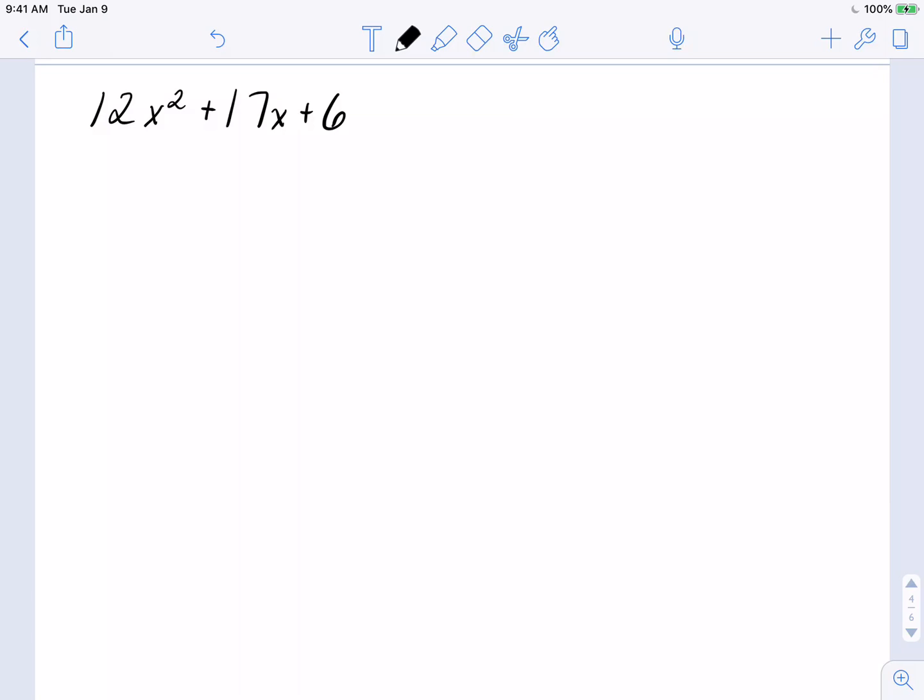We need to remember that we're multiplying two binomials to get this trinomial, and we're going to have either a plus or minus here, and then we're going to have something x, something, something x, something, and we'll work on filling in those blanks.